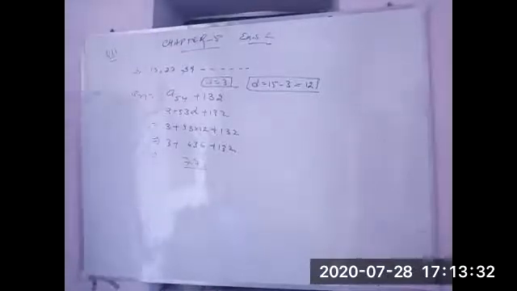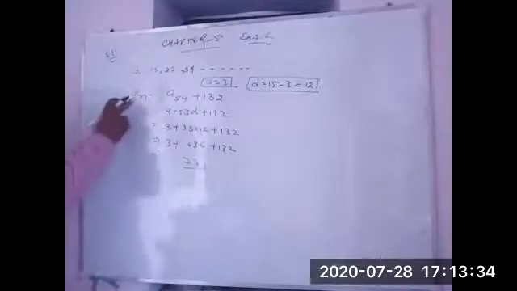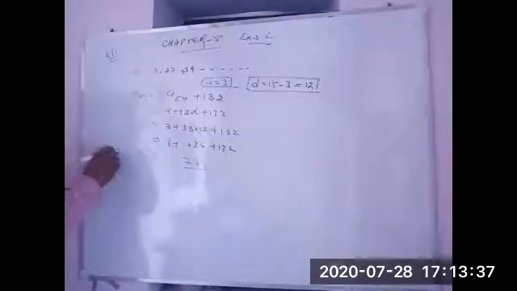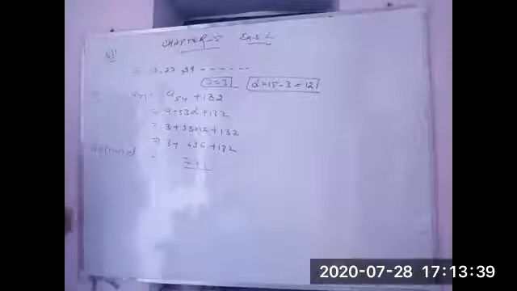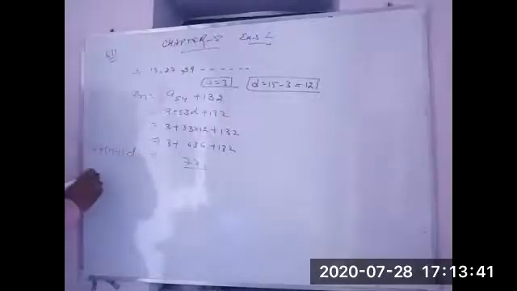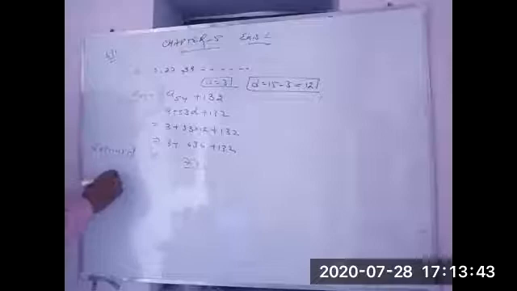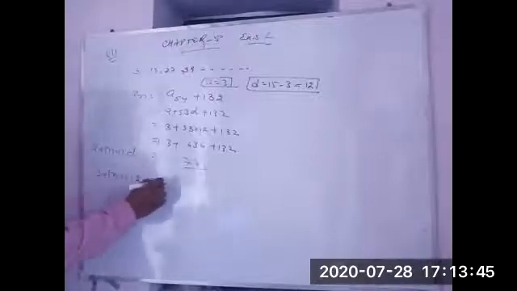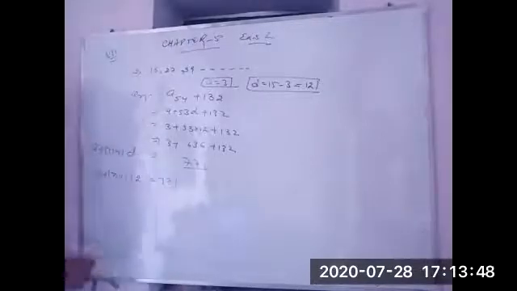So now what we have to do here is put the formula for an: a plus (n minus 1)d, and now we put the value of a and d here. a is 3, d value is 12, and it will be equal to 771.